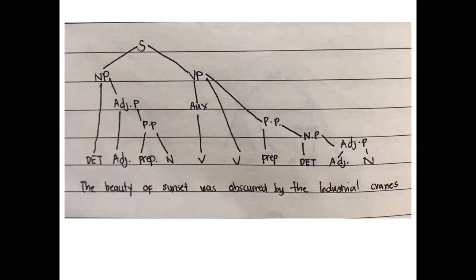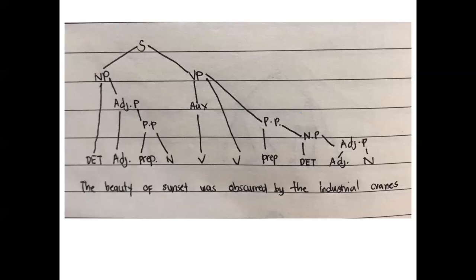This is by, so on which part, by, prep, and under that prepositional phrase we have the industrial cranes. The industrial cranes is a noun phrase because it has a determiner, the. But inside the industrial cranes, we have industrial cranes.